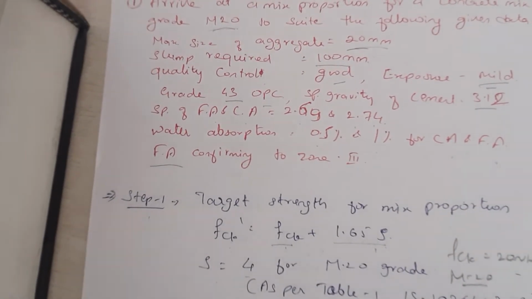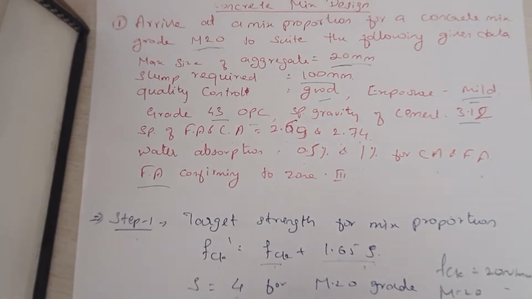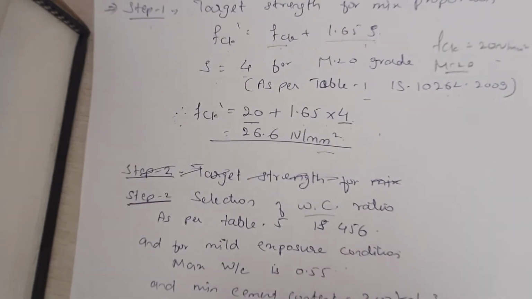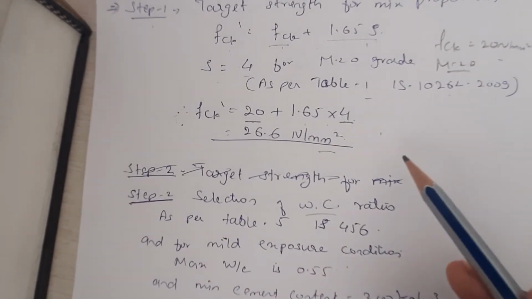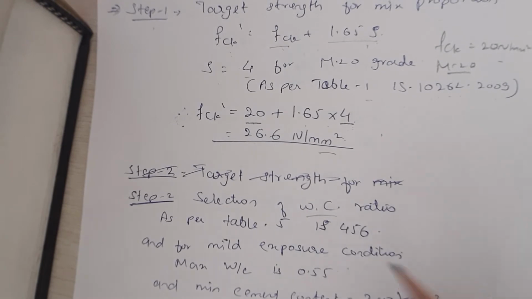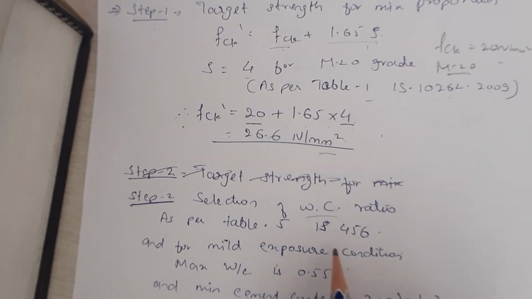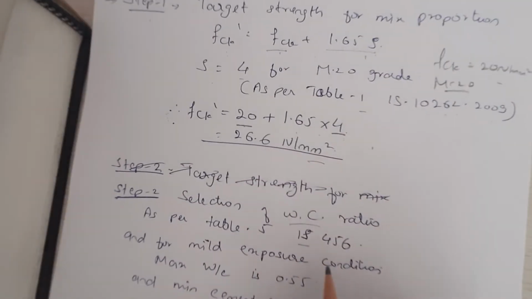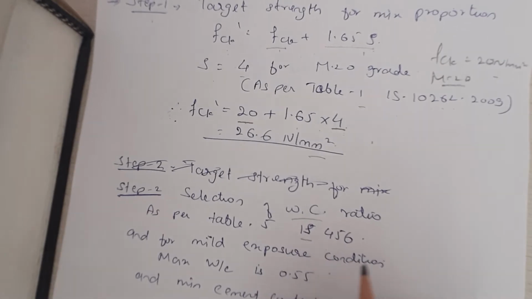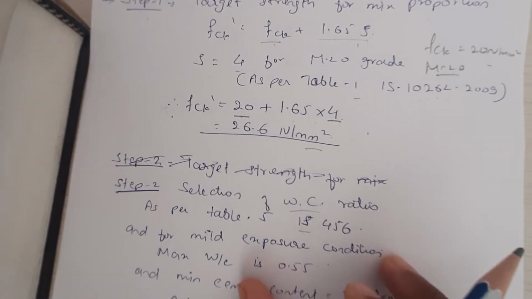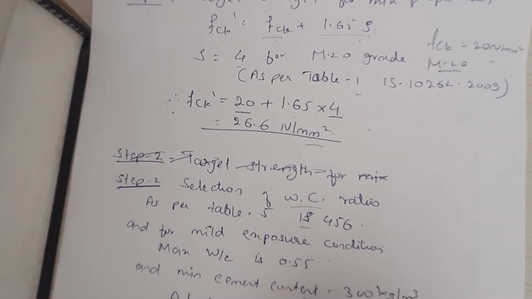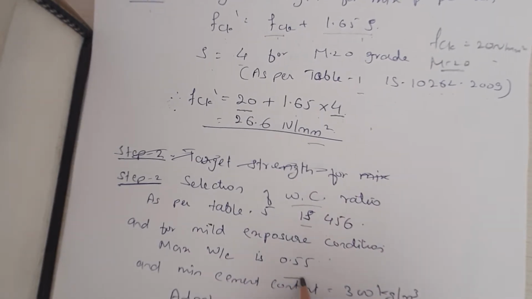Along with this we have M20 and aggregate size of 20 mm. Since this is a mix design for RCC work, we go for reinforced concrete from table 5 of IS 456. From this table we get the maximum water cement ratio as 0.55.